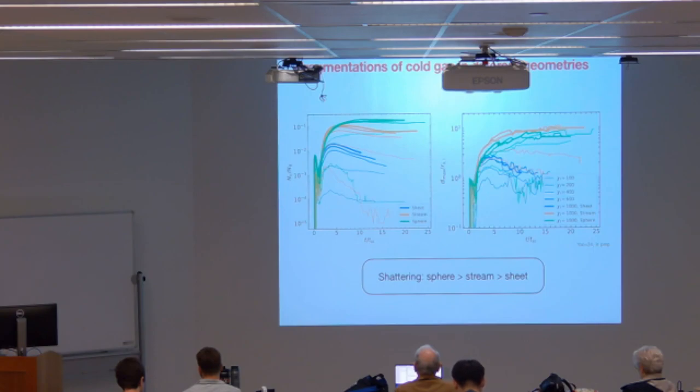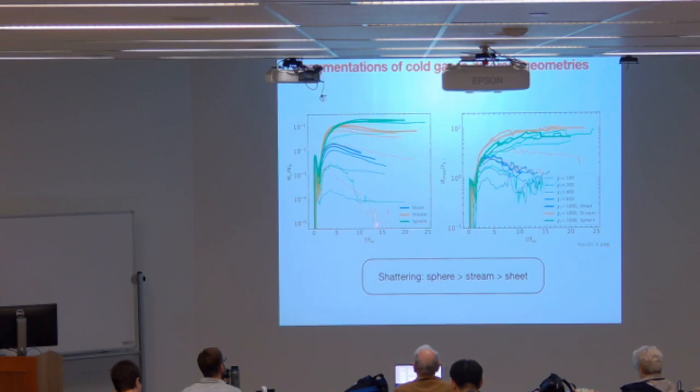During the explosion, because of the Richtmyer-Meshkov instability I mentioned before, the clumps fragment. On the left, I show the number of clumps in different geometries, and on the right, Dmax is the maximum distance the clumps reach with time. The thicker line shows higher overdensity.